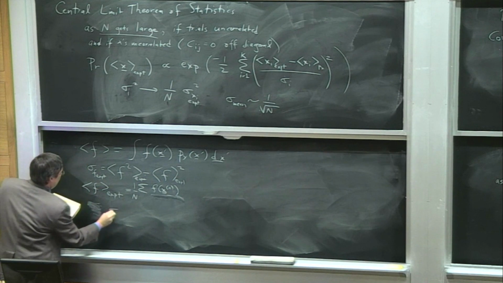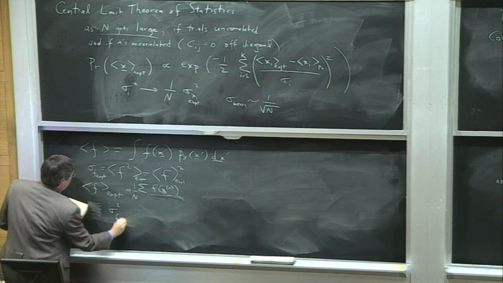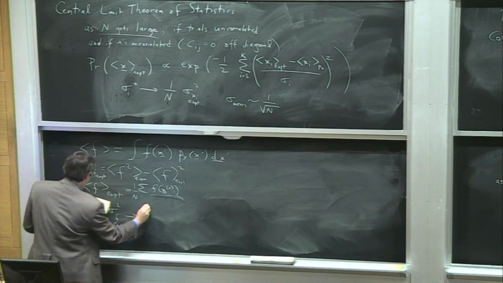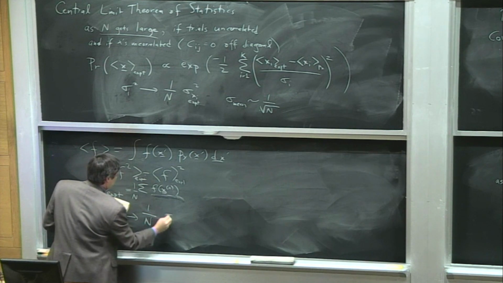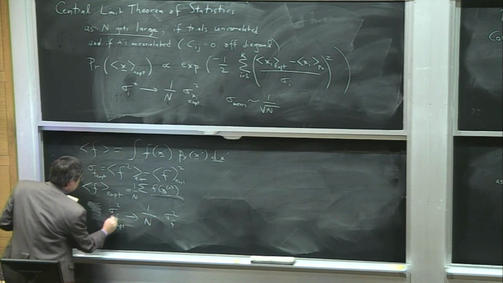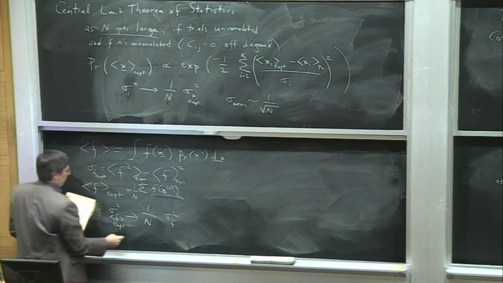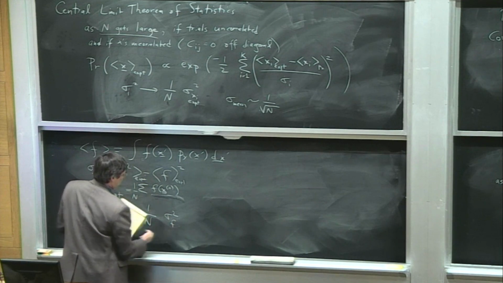The sigma f squared experimental should go to 1 over n times the variance, and this is the sigma in the mean of f: 1 over n times the variance of sigma.